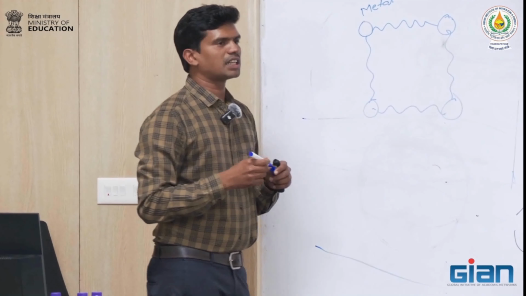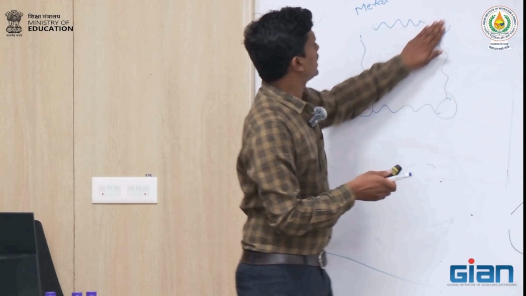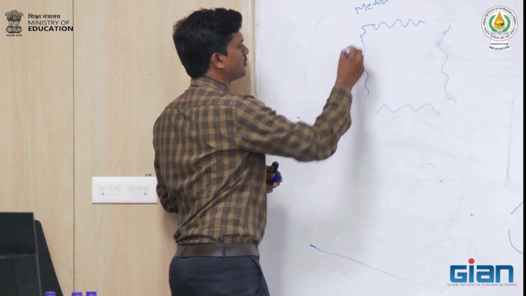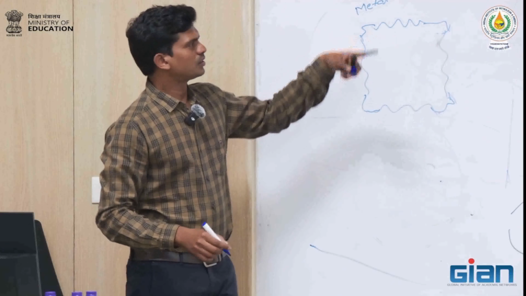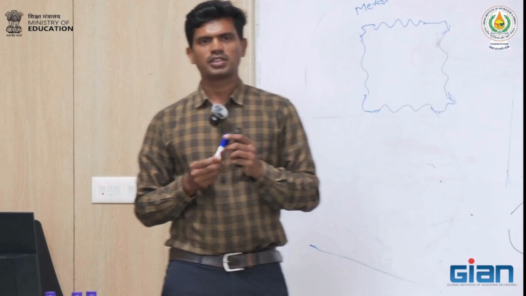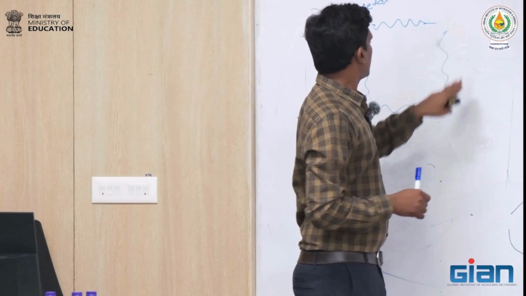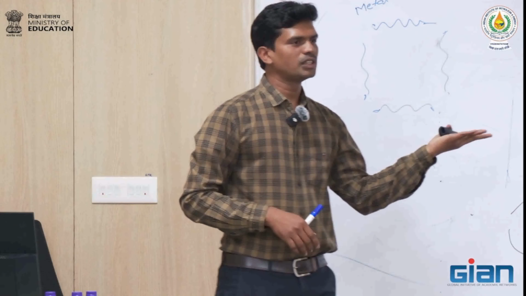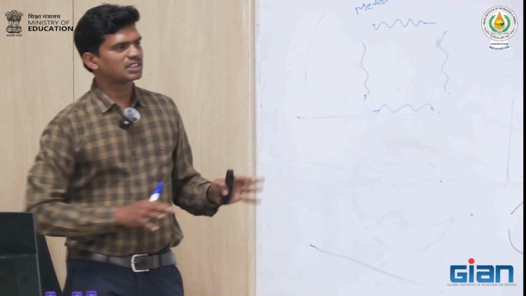Whenever we say covalent organic framework, we will not have any metals here. These organic linker molecules are connected through another covalent bond. So that is a covalent organic framework. Whenever we say hydrogen bonded, they are not connected by a covalent bond, they are just connected by a hydrogen bond. So physically there is no bond, only a hydrogen bond exists.